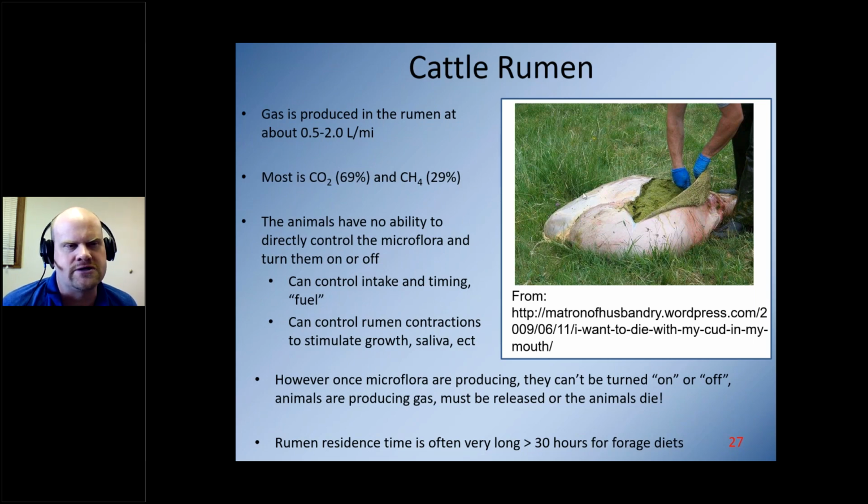But on short time scales, these microorganisms in the rumen are going to produce gas, and they're going to produce it all the time. When the gas is produced, it has to come out, or the animal would quickly fill with gas, bloat and die. So no matter what the animal's doing, they're emitting gas.